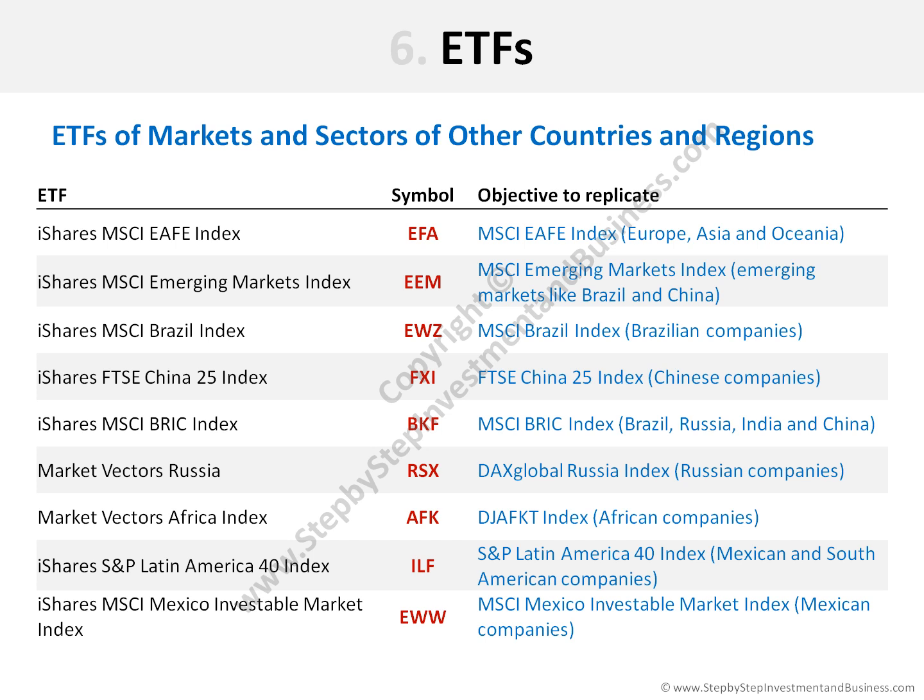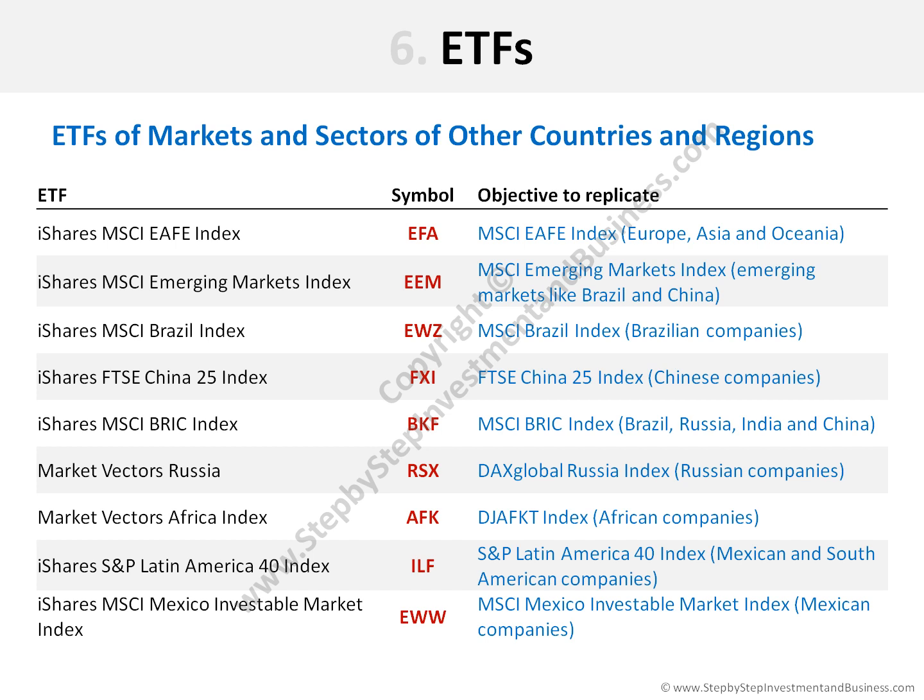We have the ETF whose symbol is EWZ, and whose objective is to replicate the performance of different Brazilian companies. We have the ETF whose symbol is FXI, and whose objective is to replicate the performance of different Chinese companies.